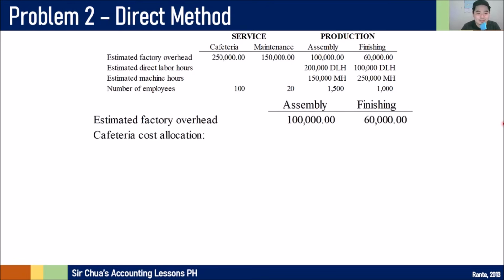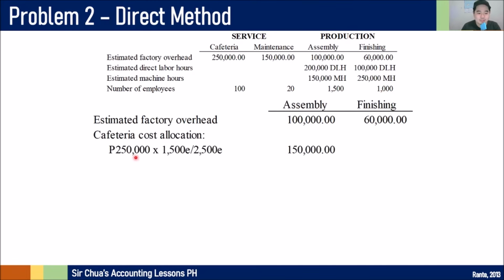So, let's now allocate cafeteria cost allocation. Your cost allocation for cafeteria is based on the number of employees. So, gagawan mo lang ng ratio. If there's 1,500 employees in assembly and 1,000 employees in finishing, so 1,500 plus 1,000, 2,500 yung magiging denominator mo. Okay?